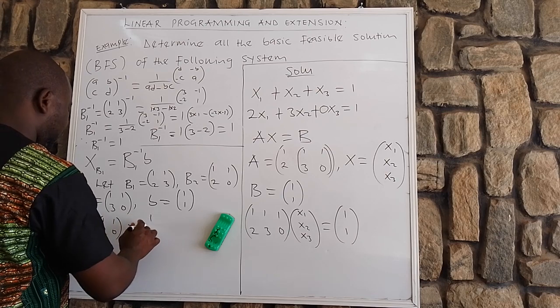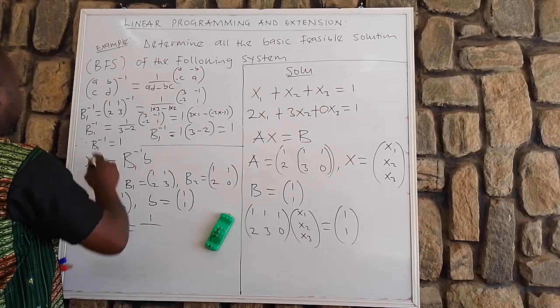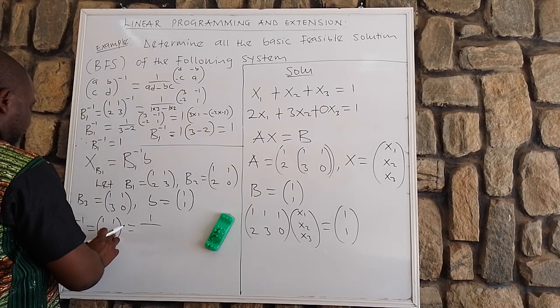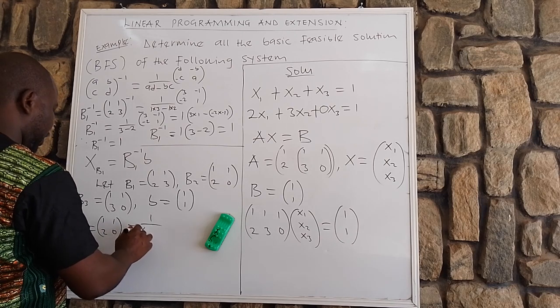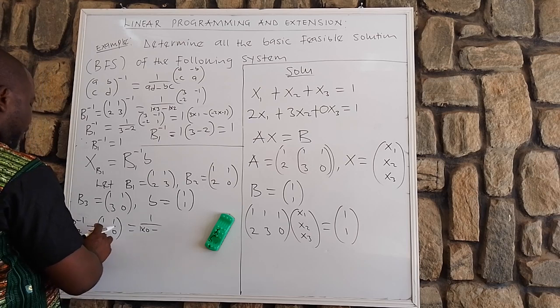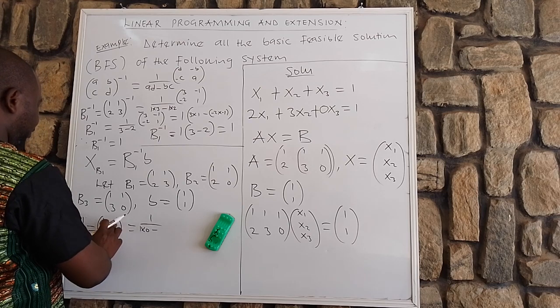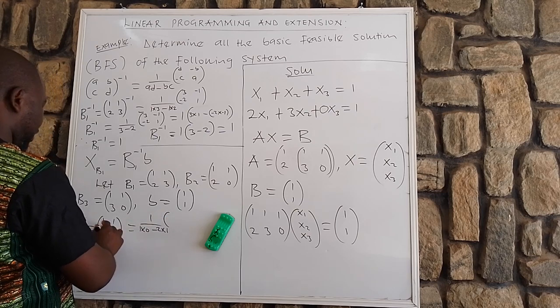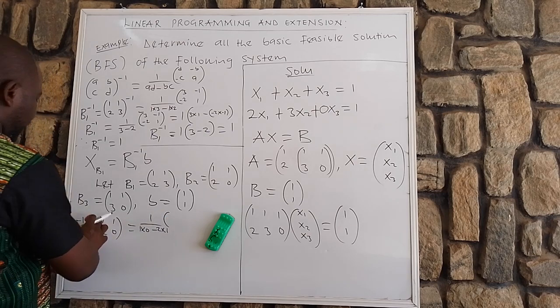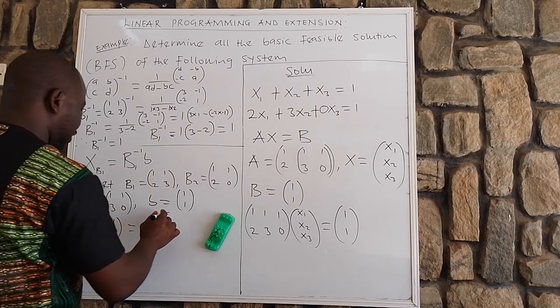So 1 all over, what is our A here? It is 0, and D here is 0. So 1 times 0 minus, C times B is 2 times 1, open bracket, I told you A and D will interchange.